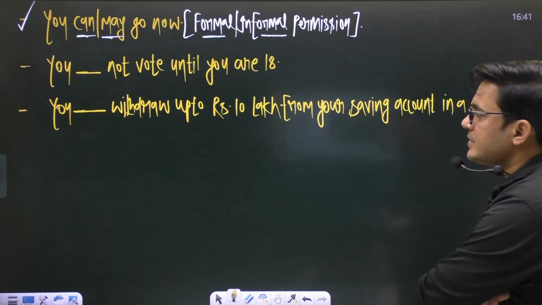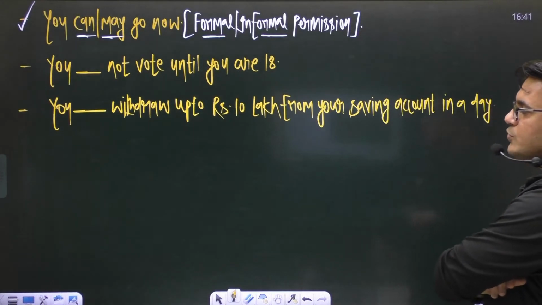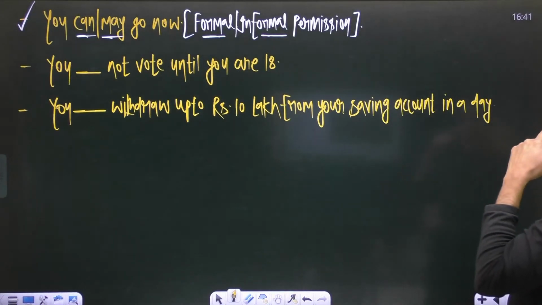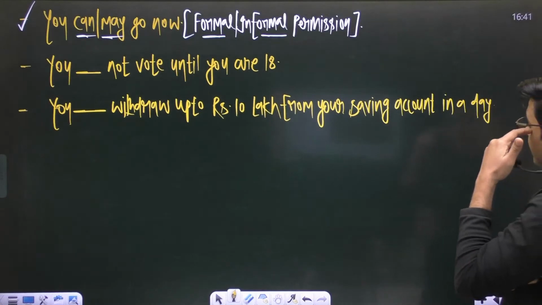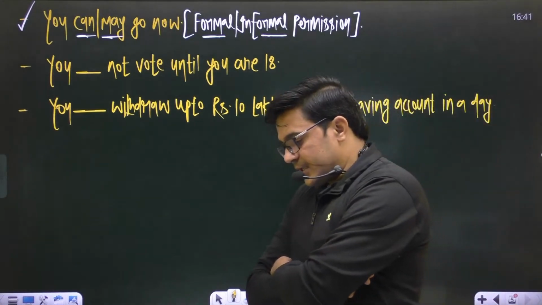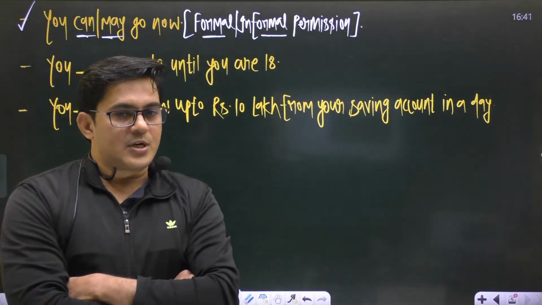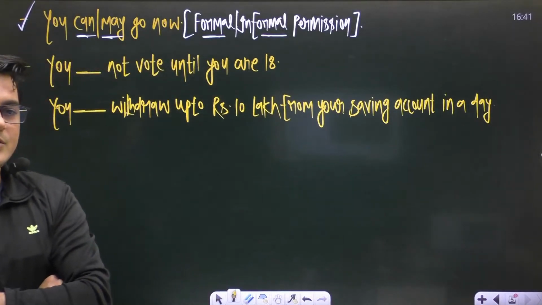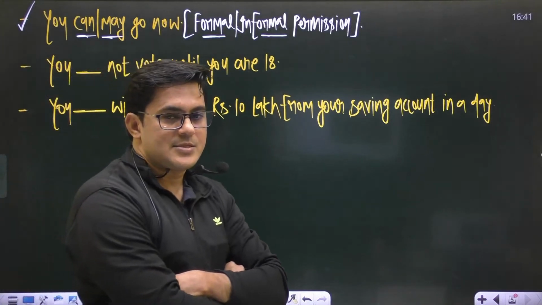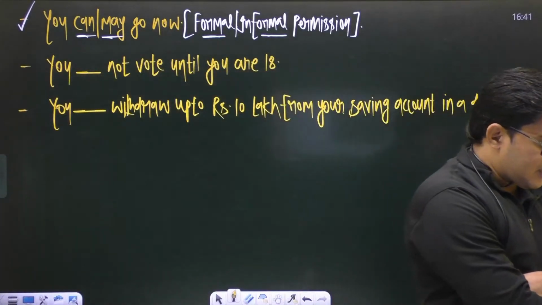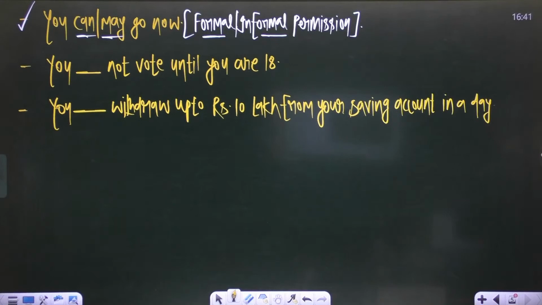Okay, next sentence is you blank withdraw up to rupees 10 lakh from your saving account in a day. What do you think of both the sentences? You cannot vote until you are 18. And the last one, what do you think of the last sentence?